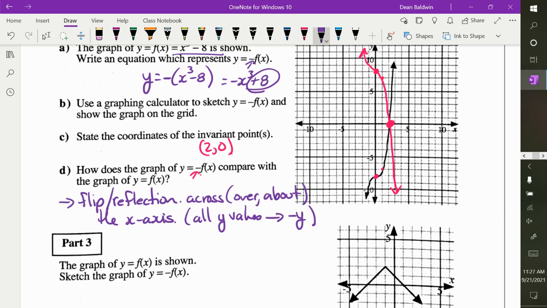Okay? So why do the x-intercepts not change? It's the x-intercept, right? Because y is 0, and you can't have a negative 0. Negative 1 times 0 is 0. So it doesn't change. All right?